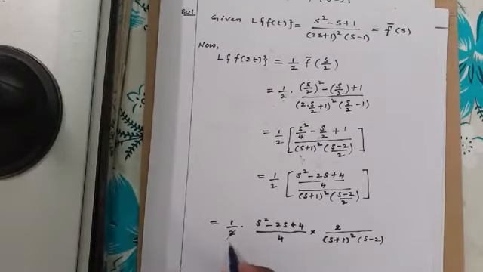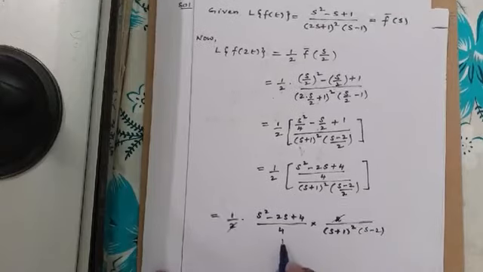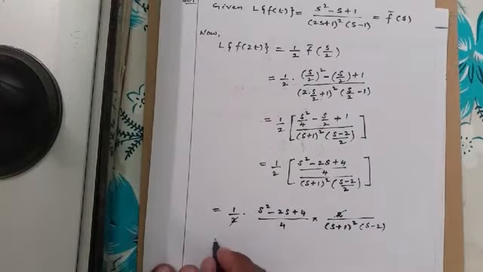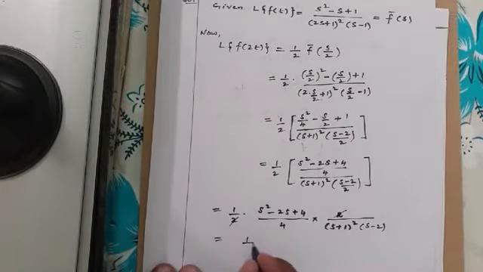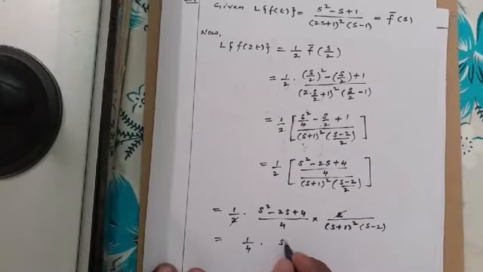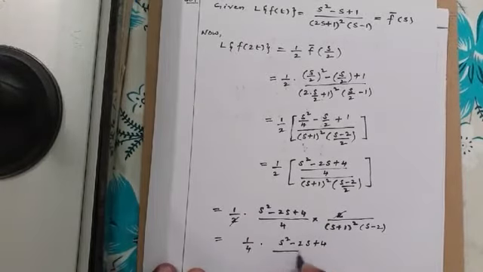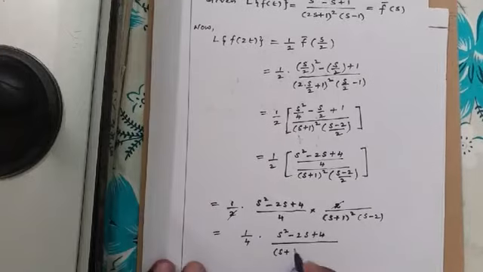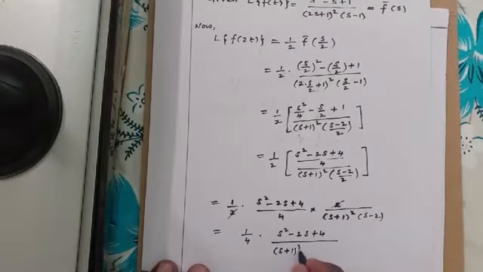Now you can cancel this 2 and 2, then this becomes 1 upon 4 into, in the numerator, s square minus 2s plus 4, upon the denominator, (s plus 1) whole square into (s minus 2).